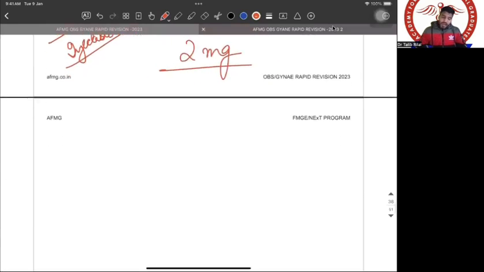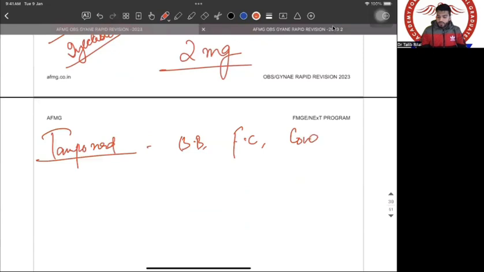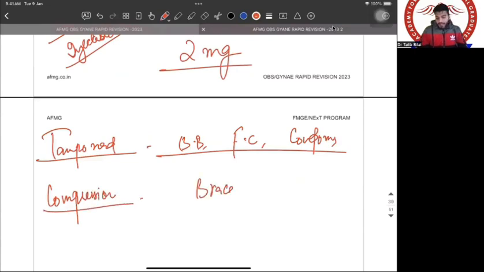Is that okay, guys? After that, we use tamponades in PPH, right? We use Bakri balloon, we use Foley's catheter, or we can also use the cheap option, guys, condoms. Is that okay? Then we go for the compression sutures, guys. Which sutures are compression sutures? B-Lynch sutures. It's already discussed.